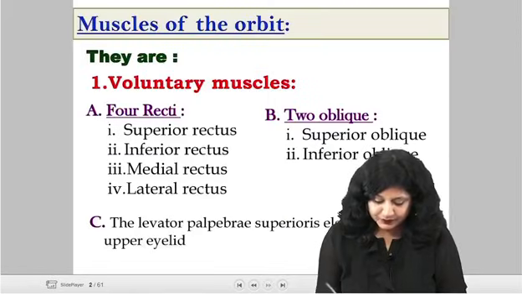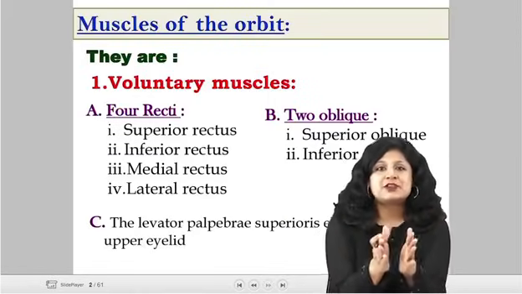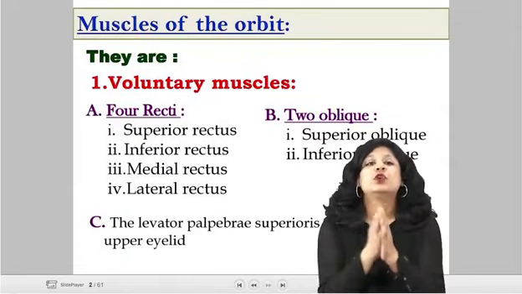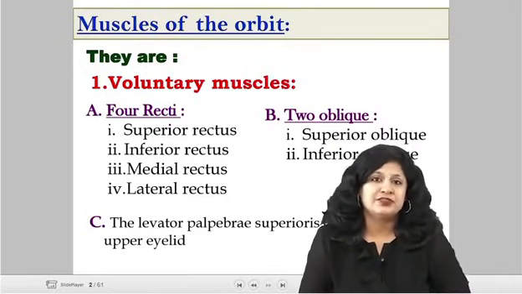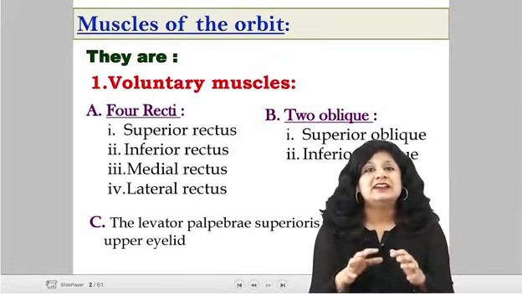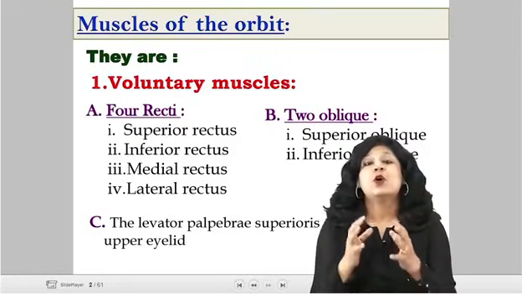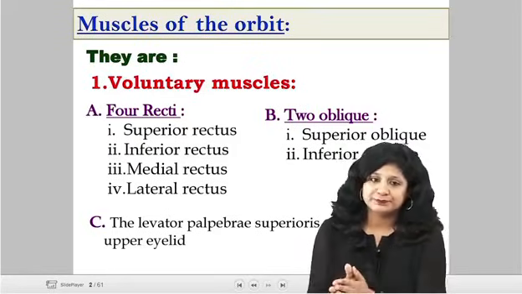First, the muscles of the orbit can be divided into two groups: the voluntary muscles and the involuntary muscles. The voluntary muscles work under our will, and the involuntary muscles' actions are not under our control.